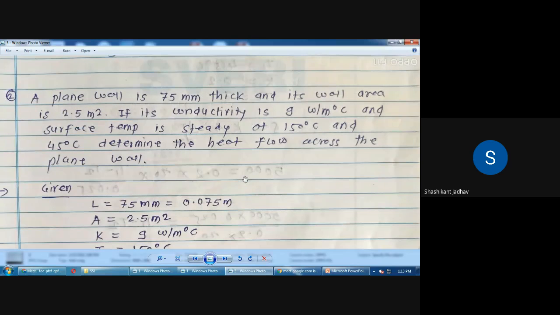Write down the second problem. A plane wall is 75 mm thick, and its wall area is 2.5 meter square.